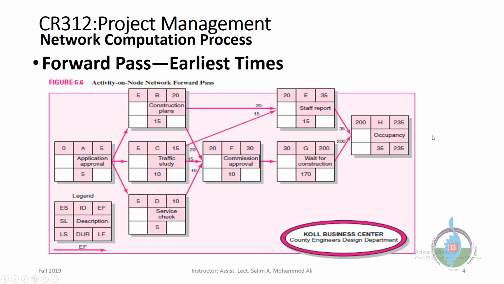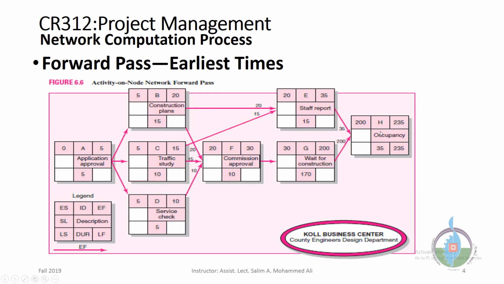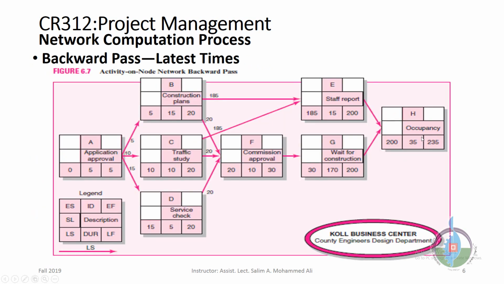So the number 235, we can borrow it, because the last or end activity should have its early finish equal to the latest finish, LF. We subtract the duration 35 from 235, and we get 200.